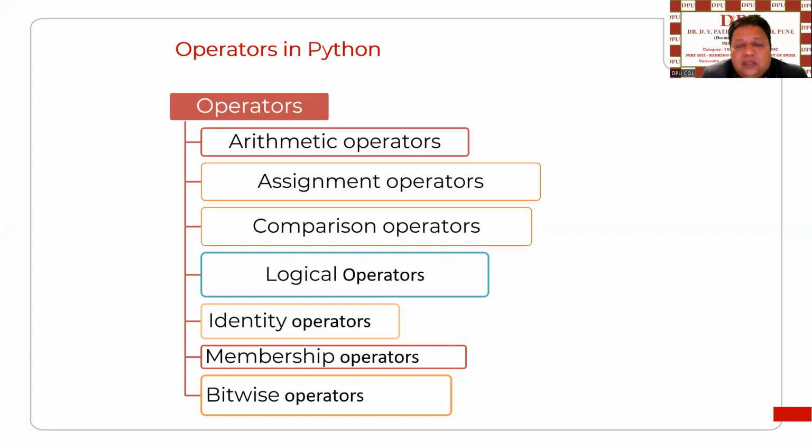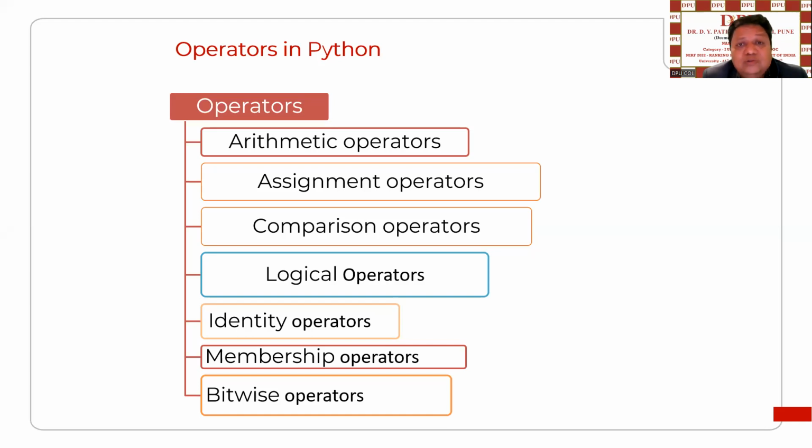So two variables can point to the same memory address, it can happen. I create another variable, and both variables are pointing to the same memory location. So I can check whether two objects are pointing to the same memory location or not.